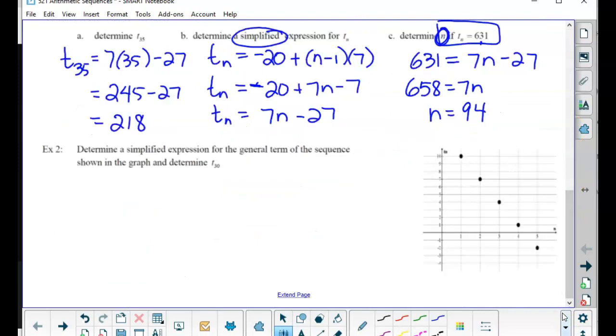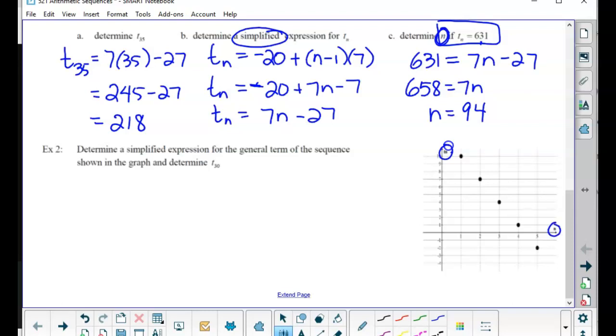Okay, so example 2, determine a simplified expression for the general term of this sequence that has been graphed. So notice what the axes are. This is Tn, so that's your term value, and this is n, so that's the term number.